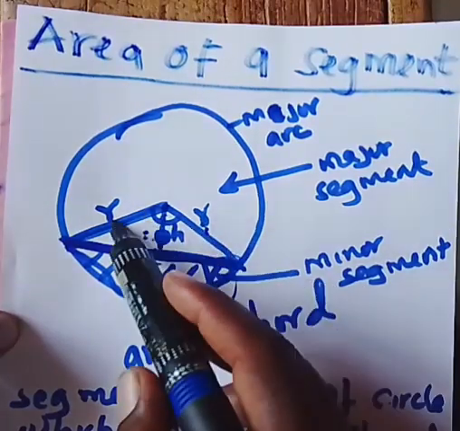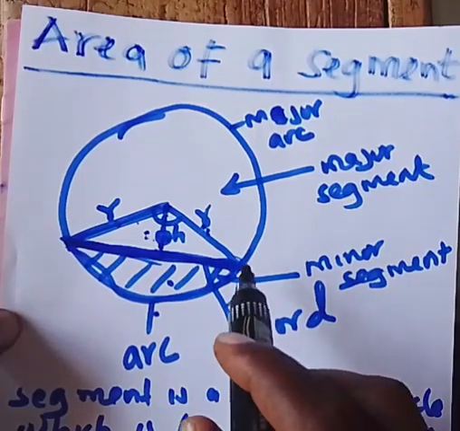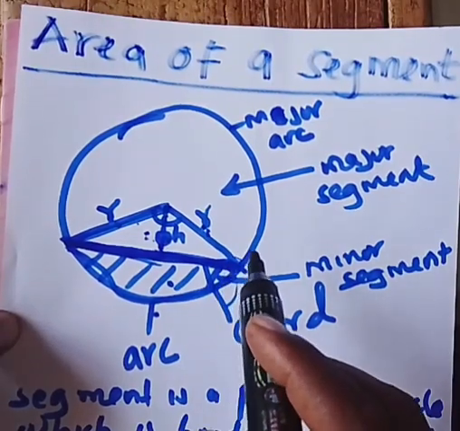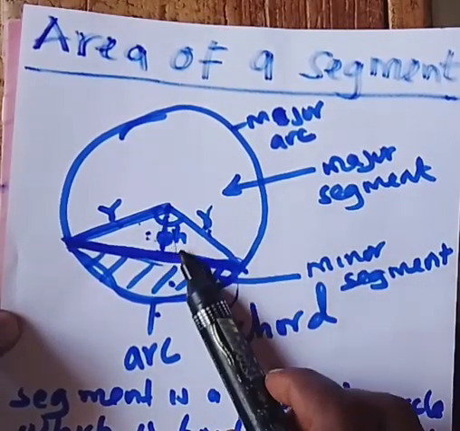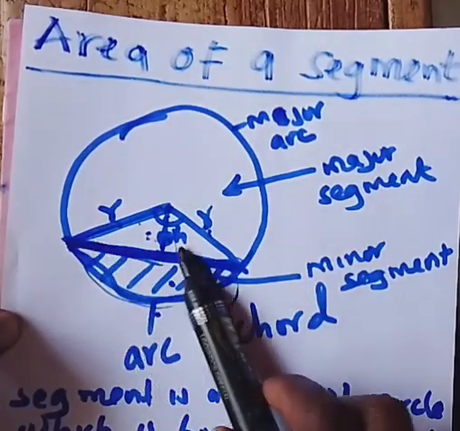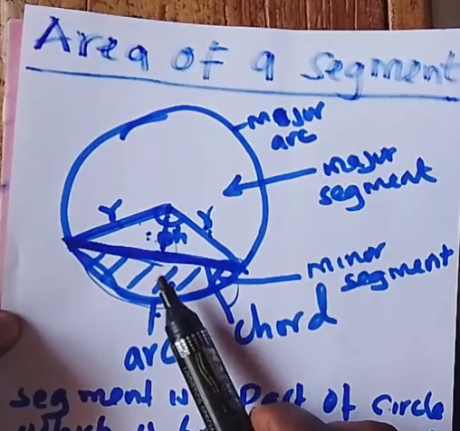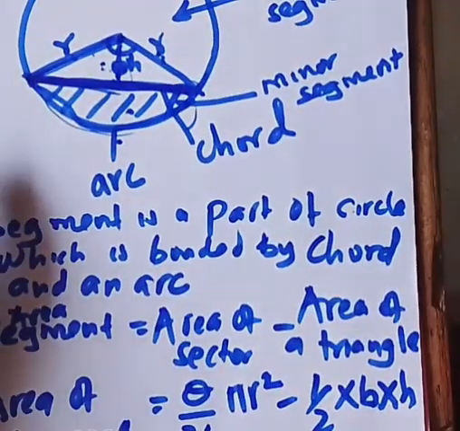Now we have the radius. Radii are the sides of this triangle. Now it is very simple. Get the area of the sector, then subtract this triangle. You will remain with this segment.